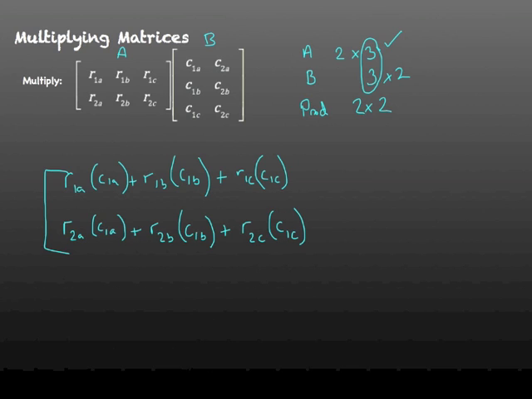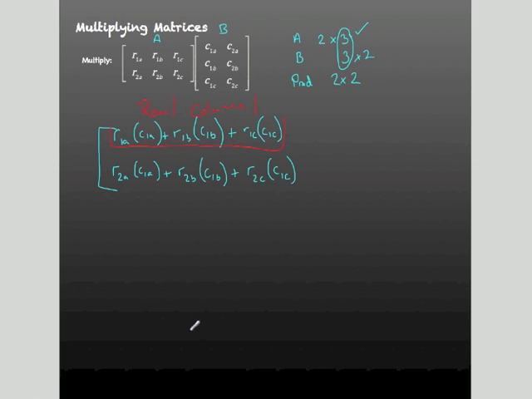So up here, this is the product of row 1 and column 1. Here we have row 2 and column 1.